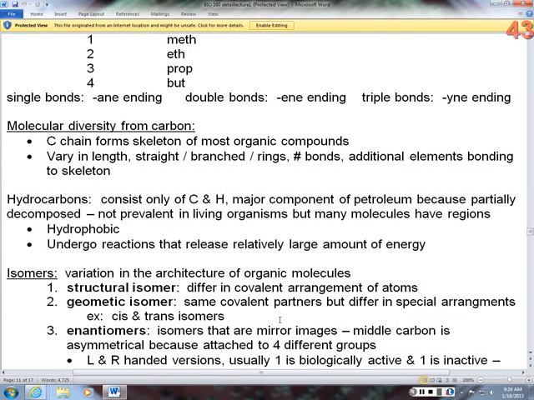So if we say propane, most people have heard of propane. You recognize it as a gas. 3 carbons, because it's prop, ANE ending. That's exactly what you have from it.